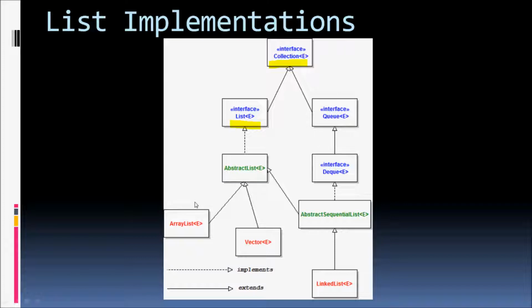And there are 3 key implementation classes of the list interface: ArrayList, Vector, and LinkedList. In the middle between the interface and the classes is the abstract class, AbstractList. A LinkedList is also a kind of queue, so you can see the Queue interface here and the Deque interface here.